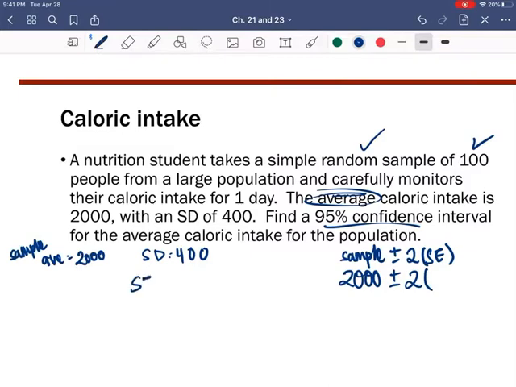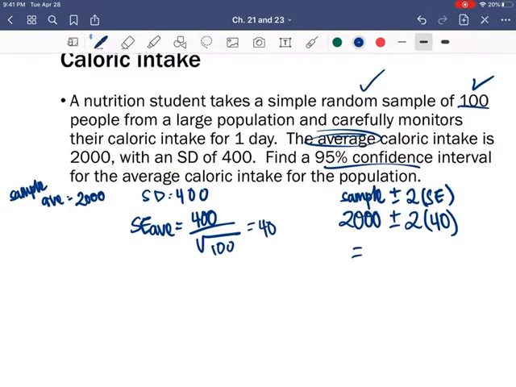What we don't have is the standard error average. We have standard deviation though. And standard error average is 400 divided by the square root of 100, or 40, because the square root of 100 is 10, and 400 divided by 10 is 40.